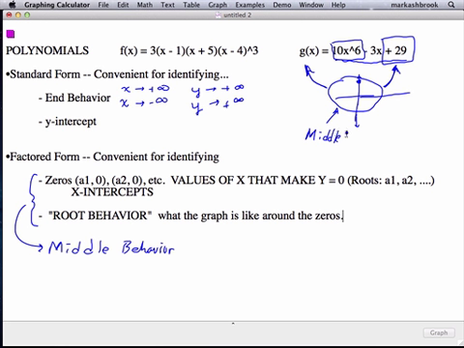But let's start by practicing just some of the stuff we did last time. So go to page 208.